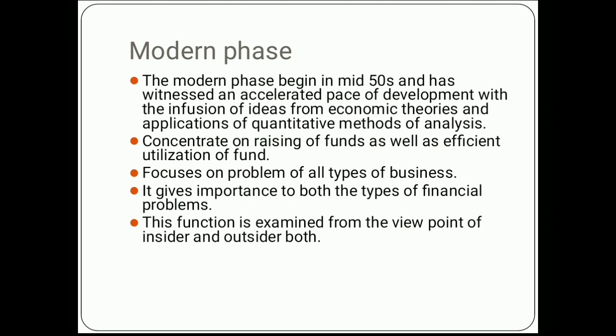In the traditional phase, the viewpoint of outsiders was considered. Here, insiders as well as outsiders both are considered. In the traditional phase, only long-term decisions were taken. Here long-term as well as short-term problems are considered. So in conclusion we can say that the modern phase is broader and wider while the traditional phase is totally narrow in comparison.